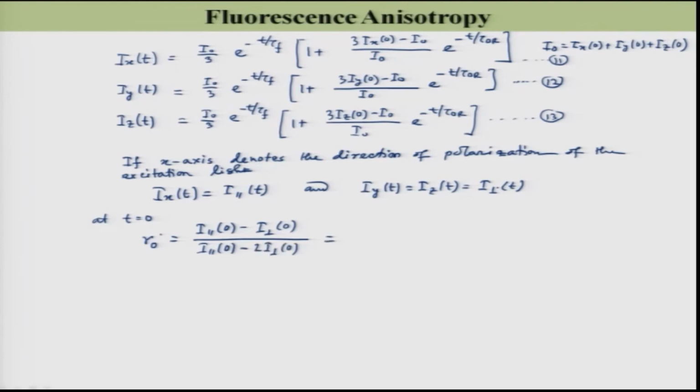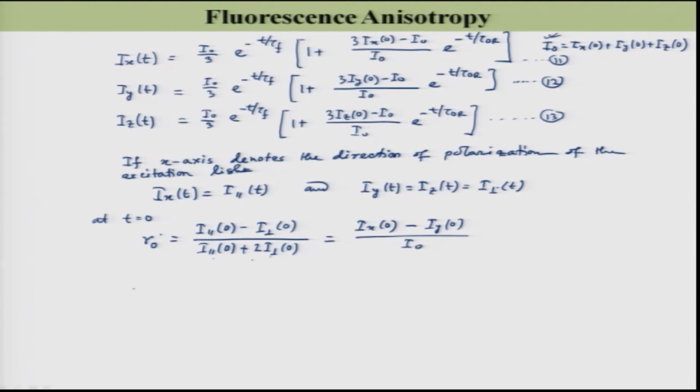So, here if I assume it like x, I can write Ix0, this perpendicular either y or z, let me write Iy0 divided by this is Ix0 and this is Iy and Iz, sorry, so this is plus. So, Ix plus Iy plus Iz, right. So, this is nothing but this I0. So, this is equal to I0, right.